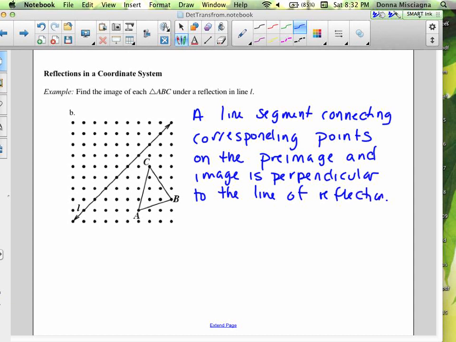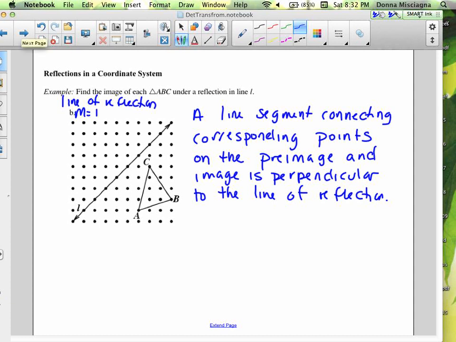So without even knowing where exactly my points are going to be, we can find out at least what line they should be on. So for instance, let's take a look at the slope here, so we can find our perpendicular line. The slope of our line of reflection is 1.